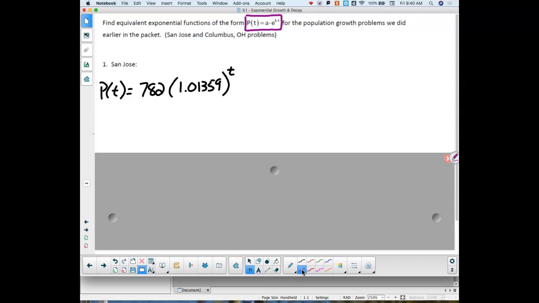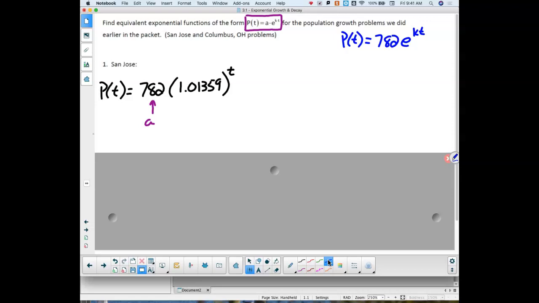What is a? 782. That is going to stay the same. So automatically, my new function, P of t, is going to equal 782 times e to the kt power.